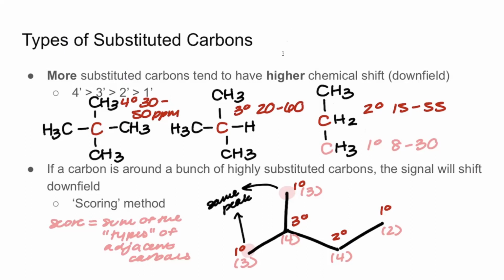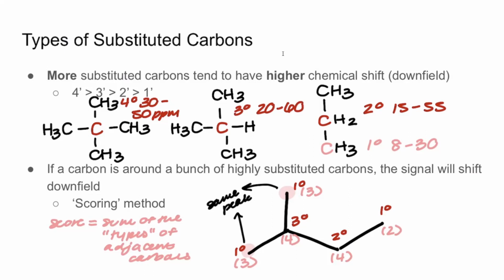Awesome. Yeah, and so like I said earlier, a higher score basically indicates that your carbons are more likely to have a higher chemical shift. Like I said, this tends to be more helpful in instances where maybe you have a bunch of primaries or a bunch of secondaries and you don't know how to differentiate them.